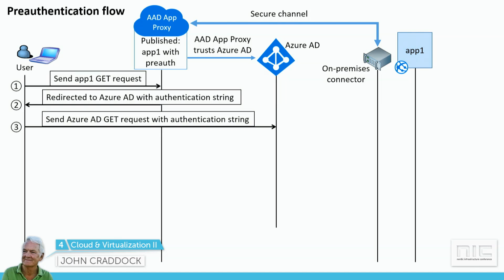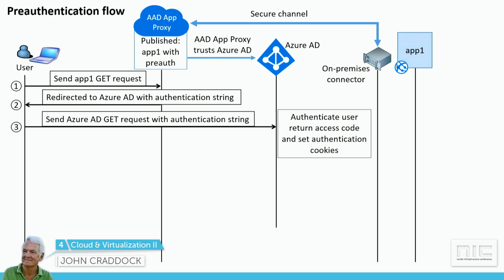So we go up to Azure AD and it says, please, can you authenticate this user? And actually, what it's using is OpenID Connect. All right, so it would have in the past used WS-Fed. It now uses OpenID, all right, which is one of the more modern protocols. It goes up there and it says, please authenticate me.